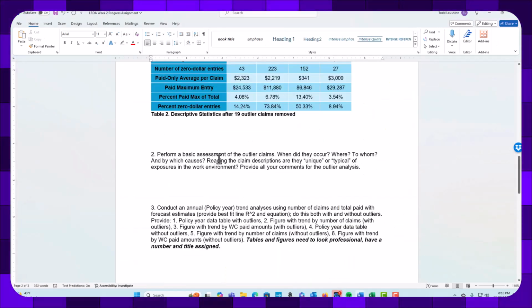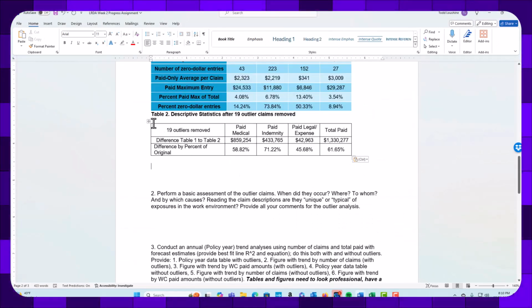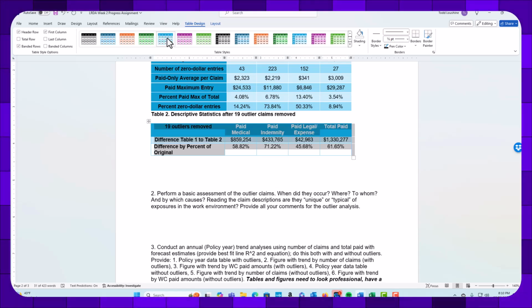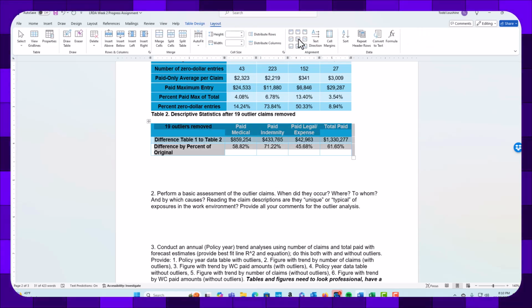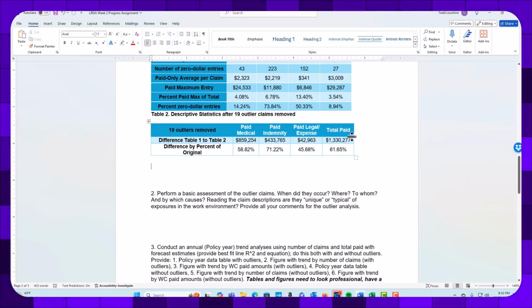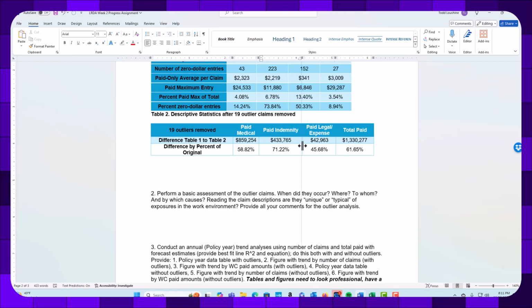All right, let's see here. What happens when I do this? Okay. Highlight it. Look for a good design. I'm not going to go with the design I was just using. I'll try this one. Go to layout, I'll center it. What is going on here? Oh, we're not even taking the whole thing. What I'm trying to do is get everything on one line. I don't know why things are going so slow here.